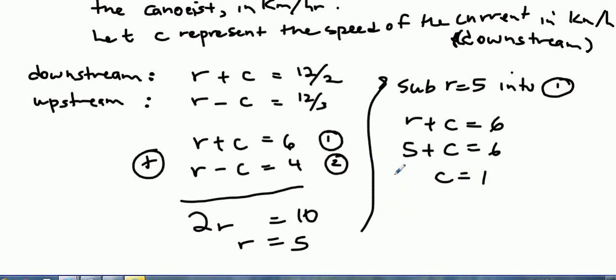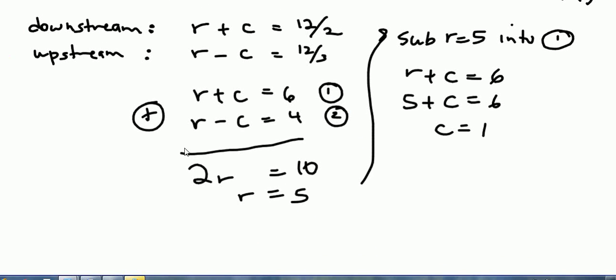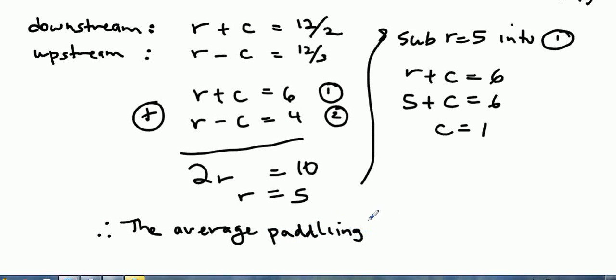So make sure you're including the units. Make sure you're answering the question that was asked. You're not just saying the solution is 1 and 5 or whatever, right? You are saying, therefore, the average, go back to your let statements if you don't know what these represent.